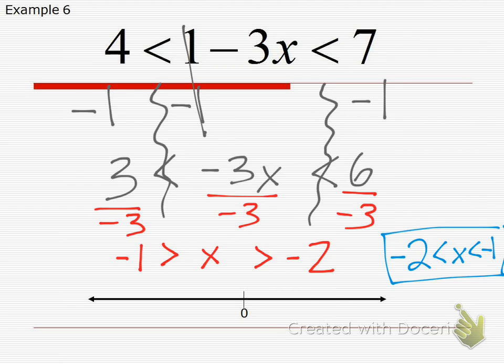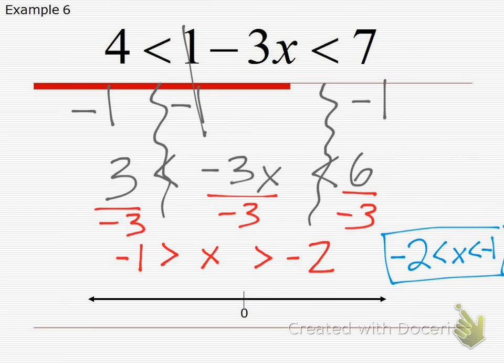And then in your solution, you'd put the word and in between them. So if you want to break them up, you can. This is much quicker. It's a lot more concise, and it gets you a prettier answer over here. So I would recommend this. If you are not a fan, break it up. Just forget about the less than 7 at first, then forget about the 4 less than second, and go from there. Any questions on that?